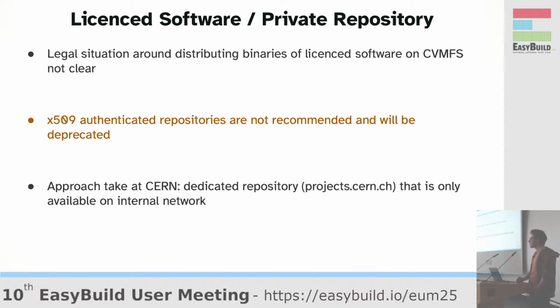It doesn't seem like it is possible, even if there is a separate license server. There was a feature in the past to have authenticated repositories. This is also not really recommended and will be deprecated at one point in the future. The approach that we took at CERN is to have a dedicated repository that is only available on the internal network. This is one of the solutions.